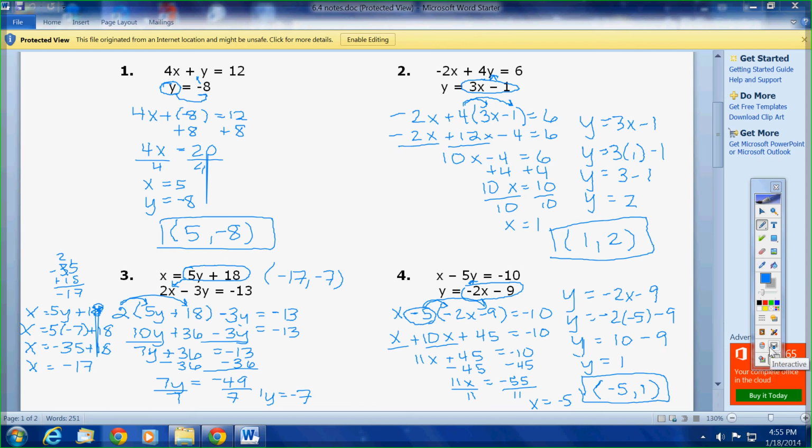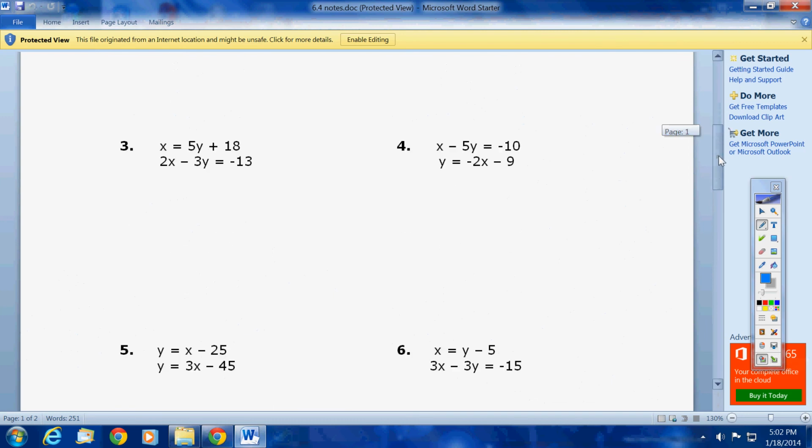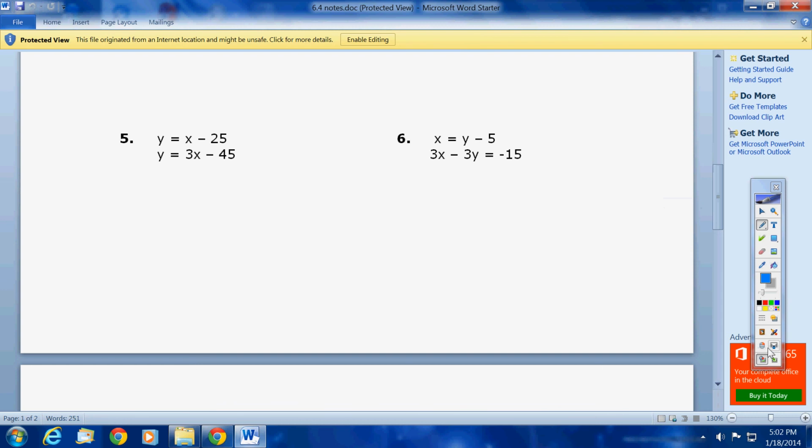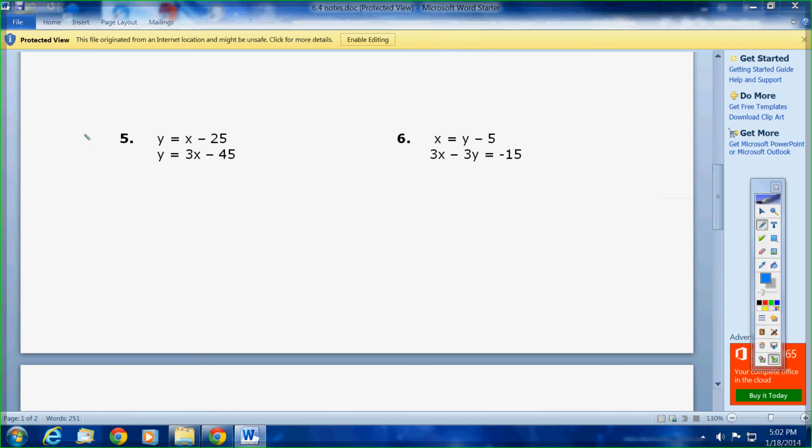Okay, number 5. We have a situation where we have y is equal in both equations. I'm going to go ahead and take the top equation and plug it into the bottom one.